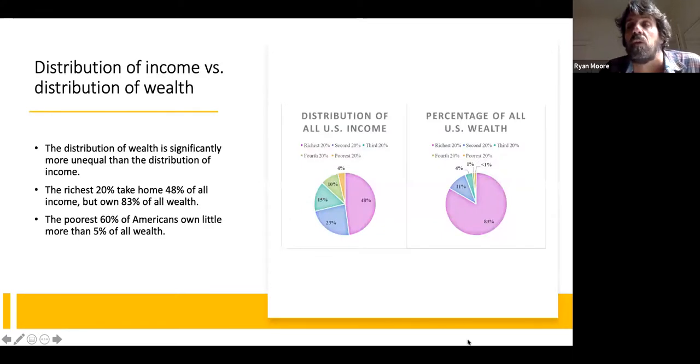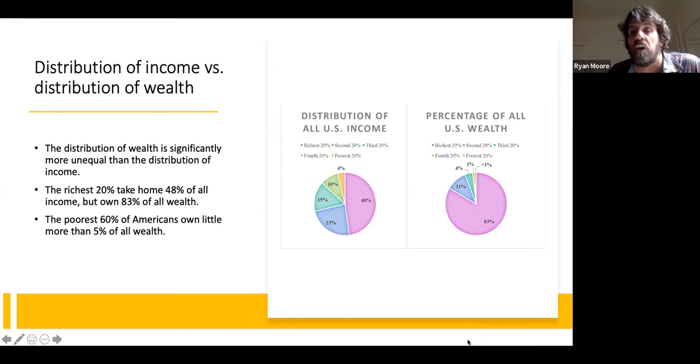Now, one important thing to note with regard to the distribution of income and the distribution of wealth is that wealth is much more unequal in the United States than income.